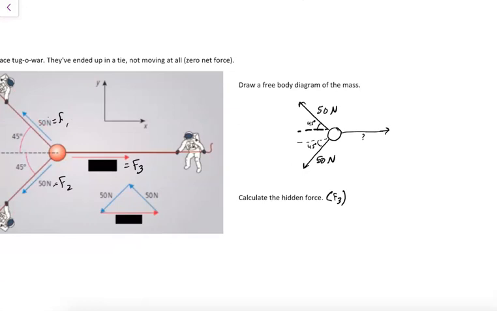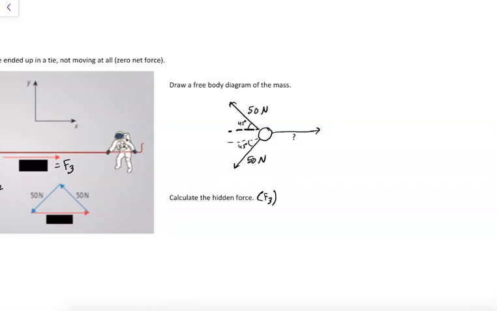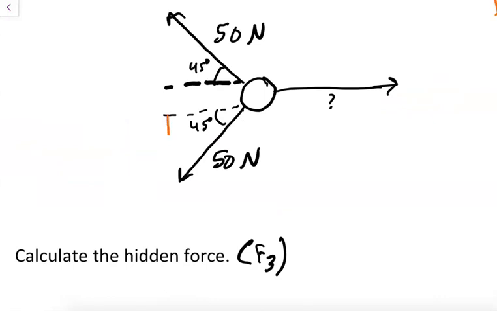There's a few tricks we can do. We know that F1 of y is going to be equal and opposite to F2 of y, because they are the same vector magnitude and the same angle from the horizontal, just going up and down. So if I were to draw this vector and this vector, they'd be equal and they're going to cancel out.